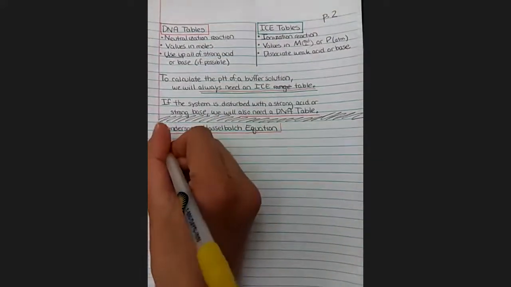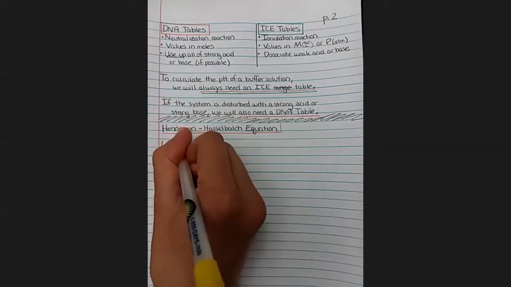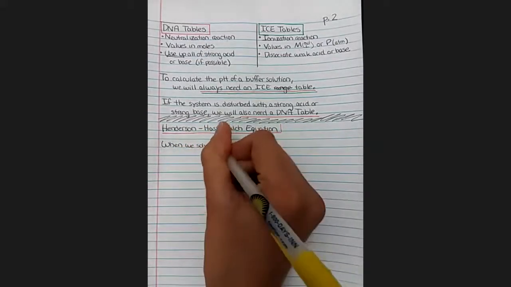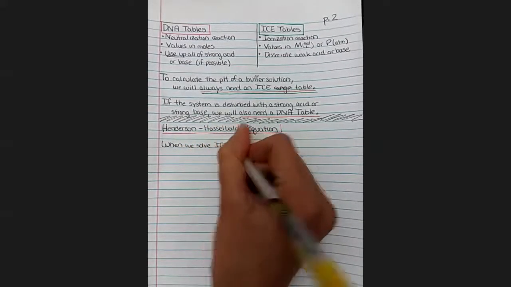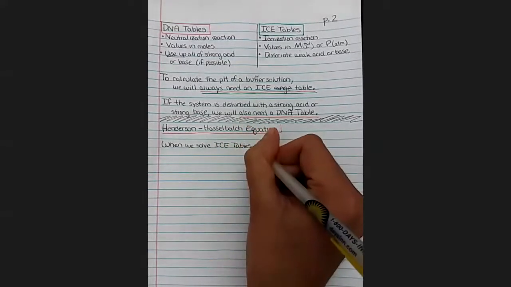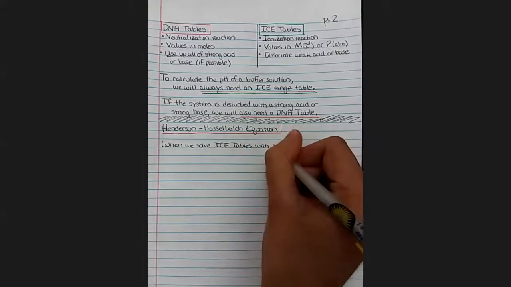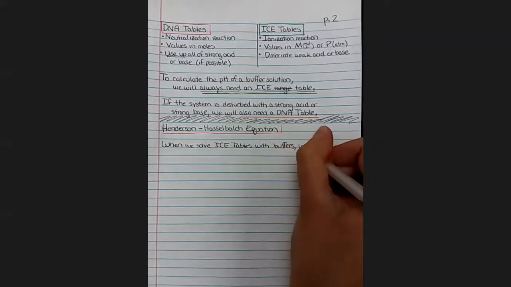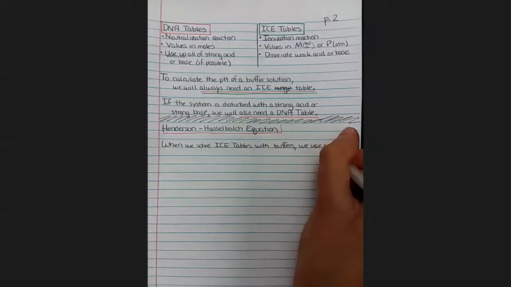Okay, so what we saw when we did that last calculation, when we solve ice tables with buffers, after we do our ice table, we put those numbers into a Ka expression.